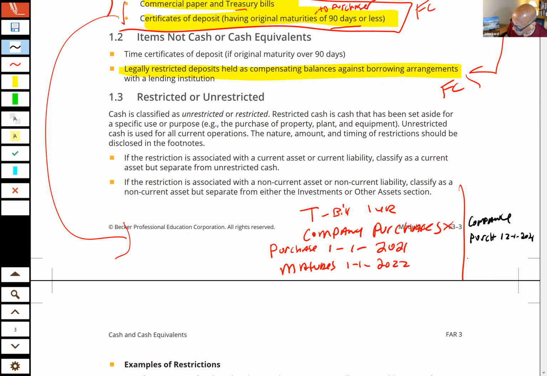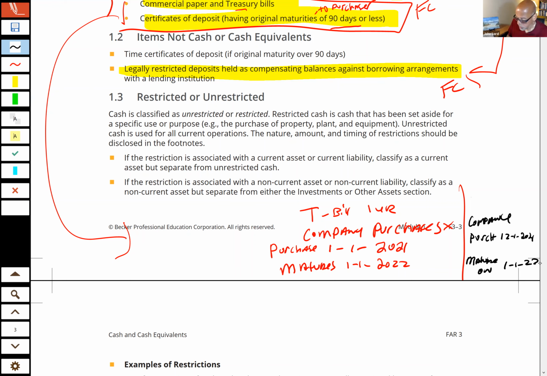And of course, since it's the same T-bill, it will mature on 1/1/2022. Okay, so same dates, it matures on the same date.